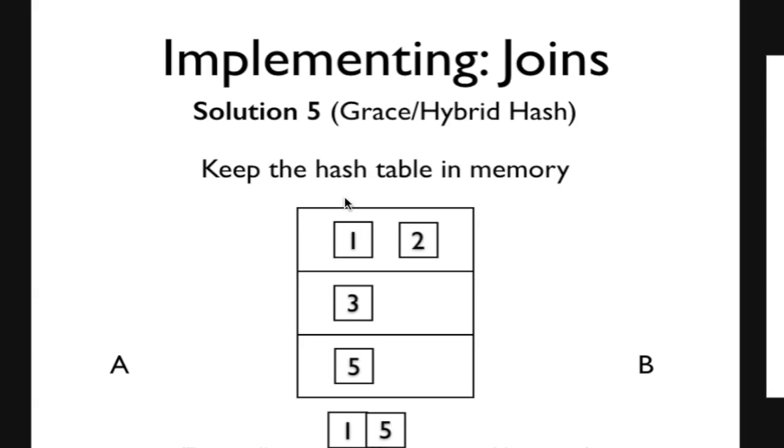Okay. So the question is, what happens to the other values, the 6, the 4?